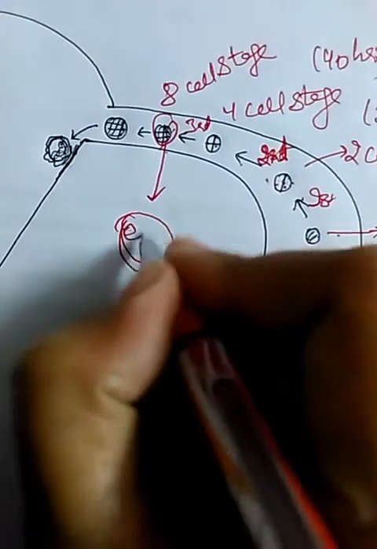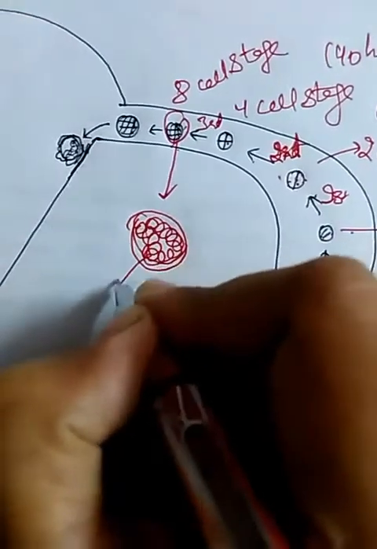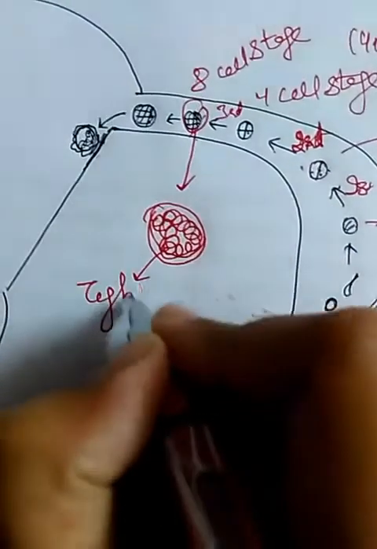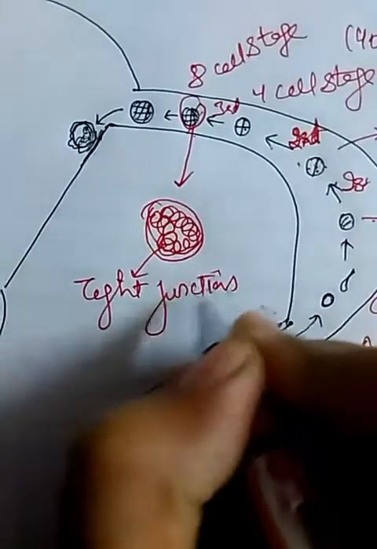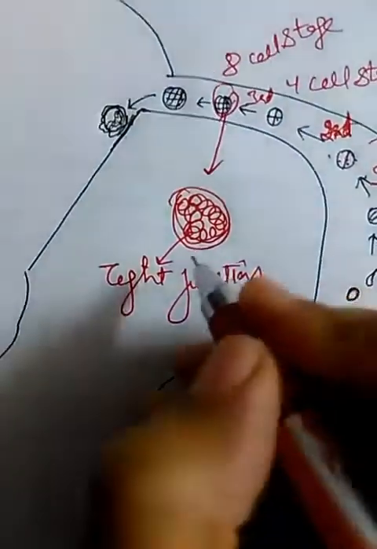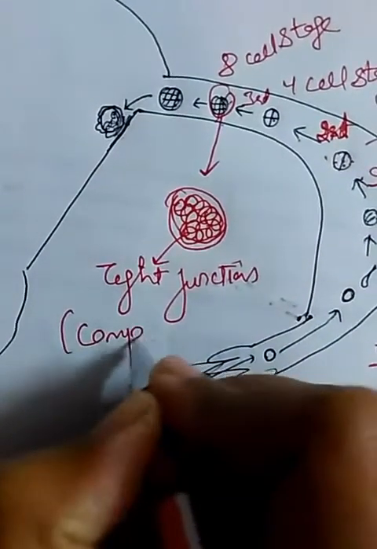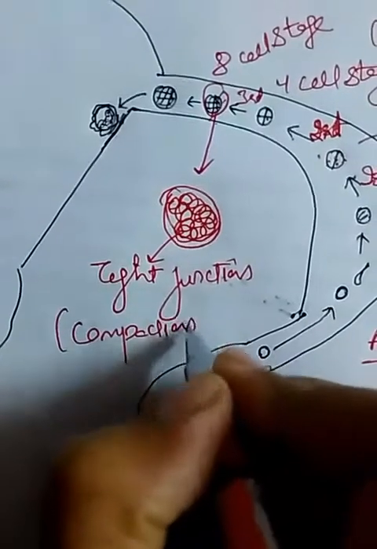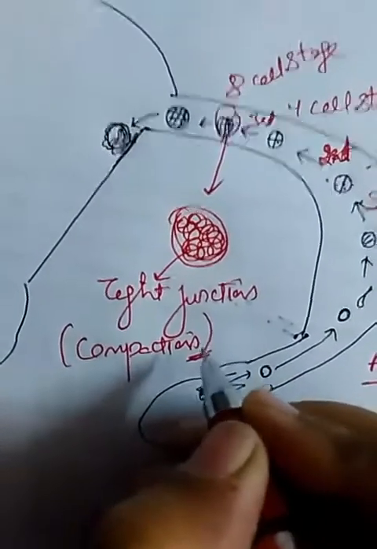The cells get arranged together by tight junctions. They get clumped together and compactly arranged. And this process is called compaction. So we should know that compaction occurs at the 8 cell stage.